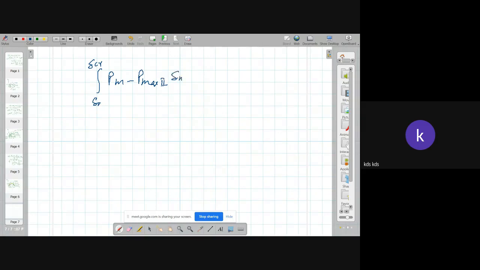And from delta critical to delta max, between the post fault, P max 3 sine delta minus PM, d delta.